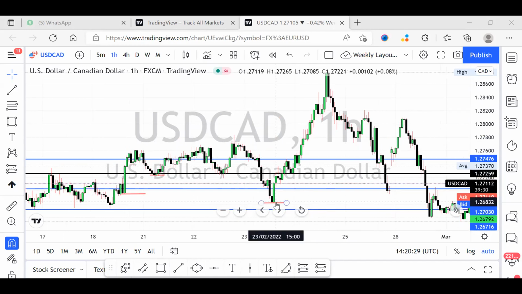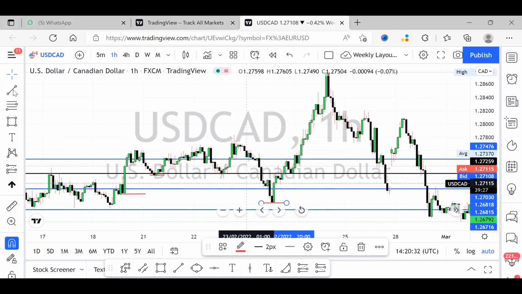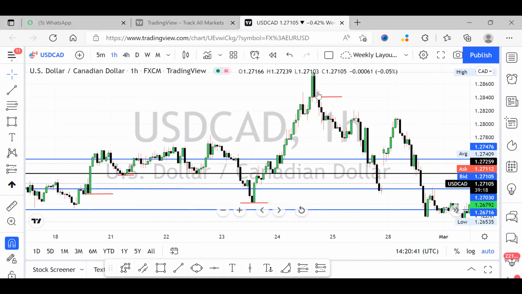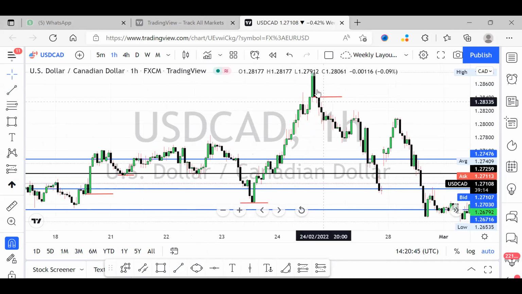So the last push here is telling you that the sellers are in control, but at this time you don't enter. So what you do is you look at how price goes below here. These wicks are telling you now that the price is trying to go up, but it isn't succeeding.